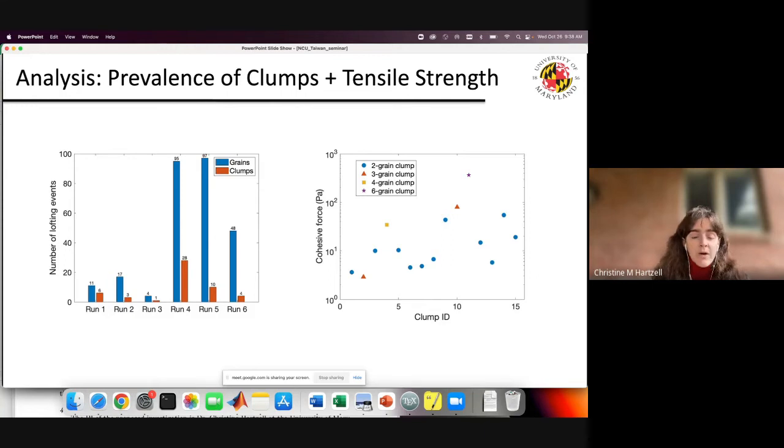Because we know when the particle detaches from the surface, that cohesive force is instantaneously broken. So whatever that initial impulsive upward force on the particle is when it detaches from the surface, that is equal to the cohesive force that was acting on the particle but is now missing.